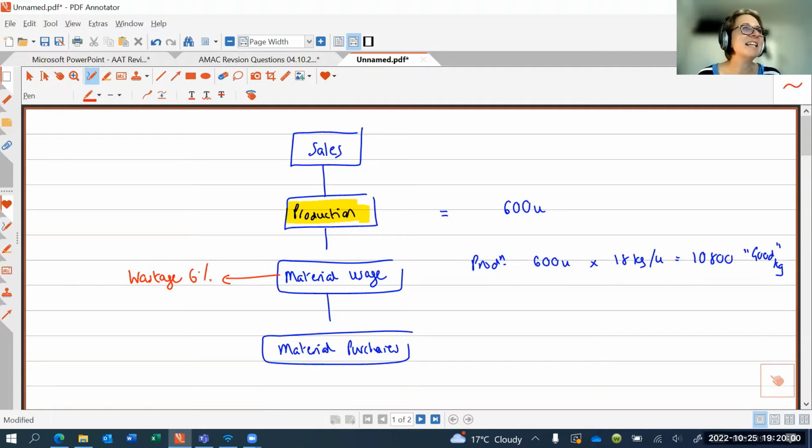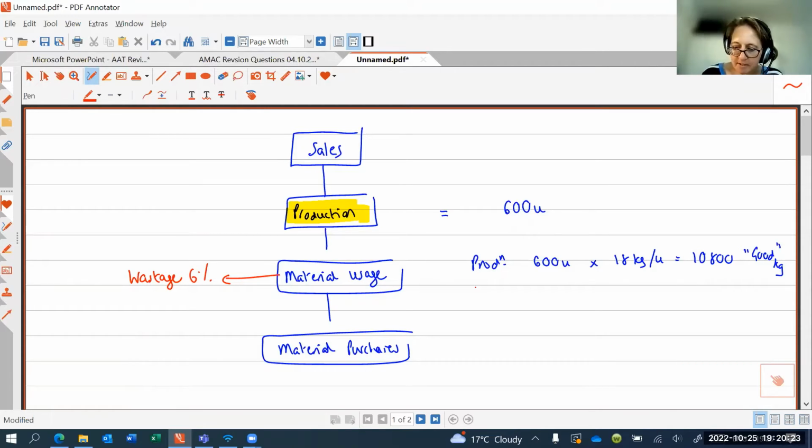Lovely. Excellent. Thank you, Paul. You are quite right. These good kilograms are after I've wasted 6%. So obviously when I start with my materials, I start with 100%, 6% get wasted, which means that this 10,800 that's left is just 94% of what I started with.